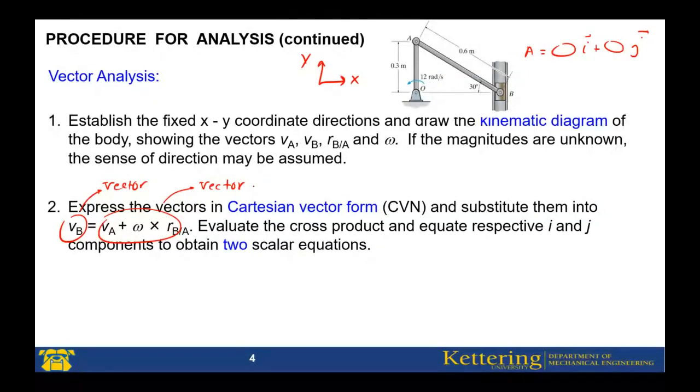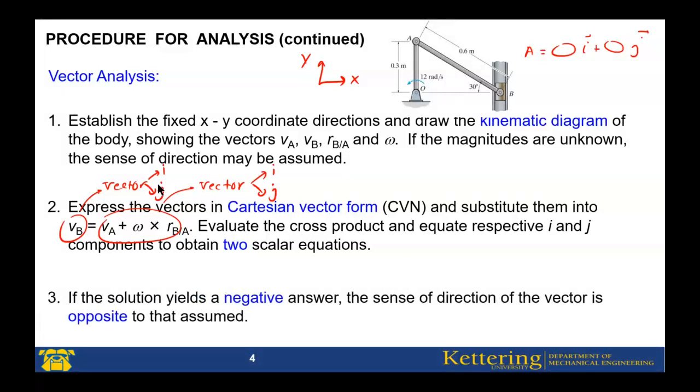As I mentioned, a vector has i component and j component. You need to equate the i components on both sides and equate the j components. If you equate i components and j components, you can find the unknowns.